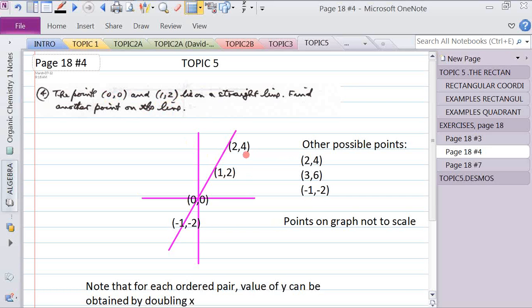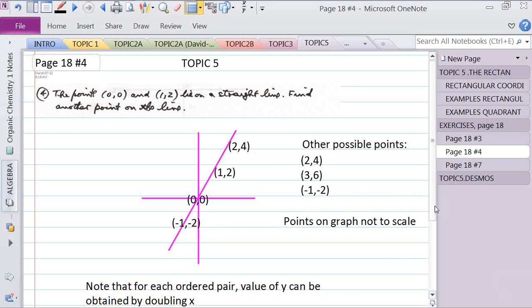So let's just arbitrarily choose a value for x. Let's say x is 2. Well, y has to be twice as much, 4. So that's another point that lies on the graph, on this straight line, rather. If we were to choose minus 1 and multiply it by 2, we'd get minus 2.